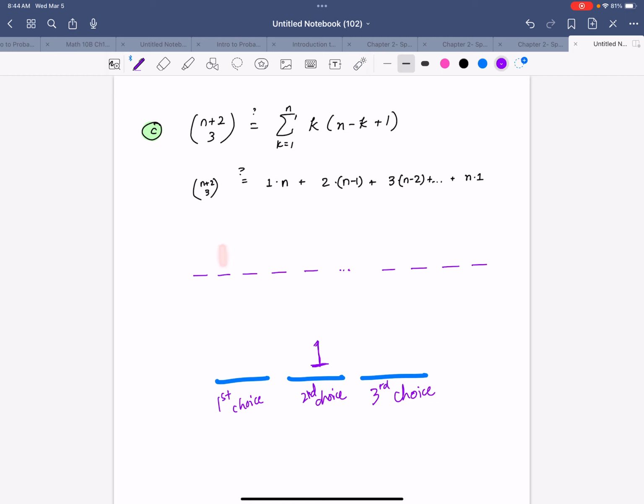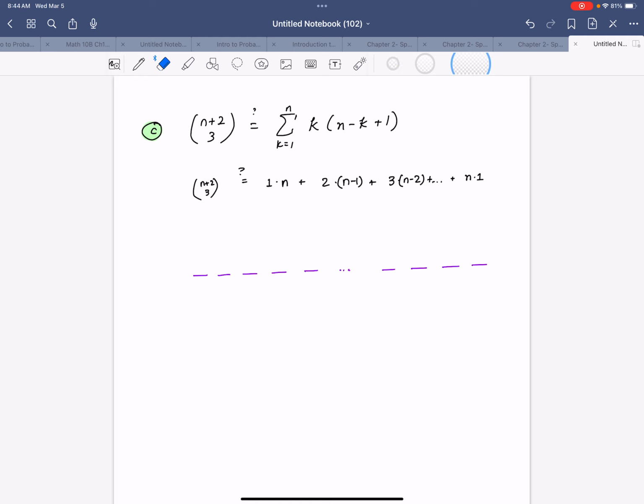So if our task is to place 3 barriers among these n plus 2 spots.